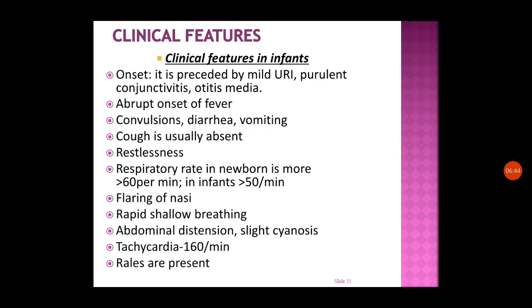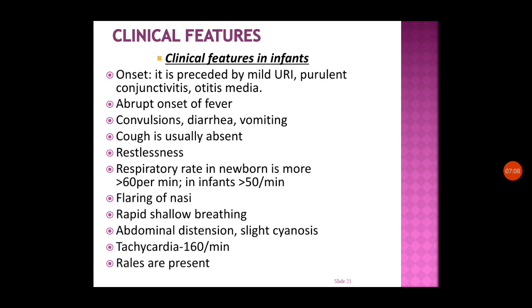Clinical features in infants. Onset is preceded by mild upper respiratory infection, purulent conjunctivitis, otitis media. Next is abrupt onset of fever, with peak temperature. Then convulsions, diarrhea, vomiting. Cough is usually absent.